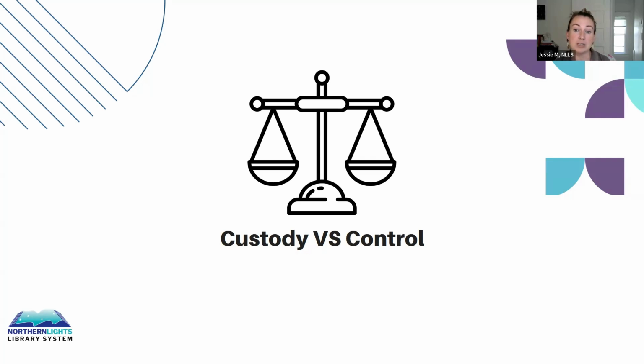The public body must ensure that personal information is protected and handled according to FOIP regulations, whether the information is in its custody or control. And even if a record is outsourced or held by a third party, the public body retains responsibility for compliance with FOIP obligations. So to summarize, custody is about physical possession, control is about the right and responsibility to manage the record, and public bodies have to consider both aspects in order to fully comply with the FOIP Act.